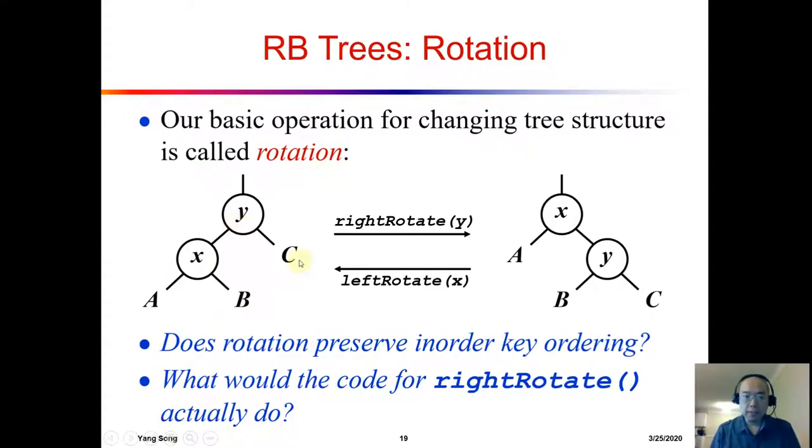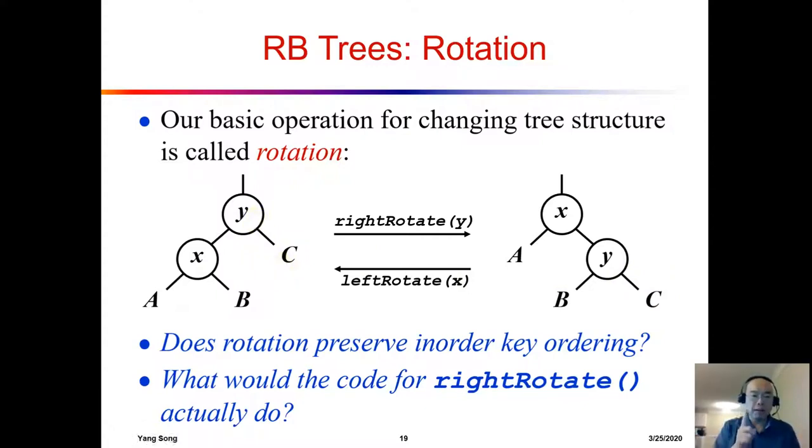And C is greater than y. So if we do the rotation, A is smaller than x, so same thing here, that's okay. And for C is greater than y. And on the original tree, C is greater than y, so that's also good.